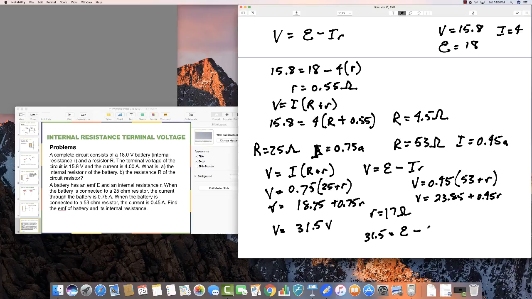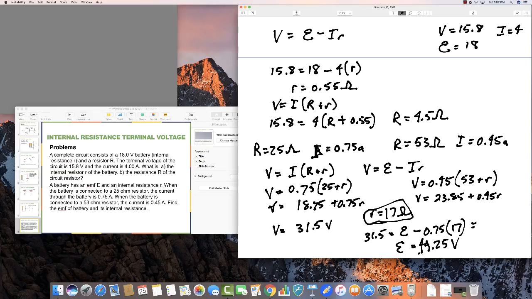I just happen to pick the 0.75 times 17, so that E ends up equaling 44.25 volts. So in this case, the actual battery produces a considerably more voltage than is actually produced at the terminal because of the fairly high internal resistance of the battery.